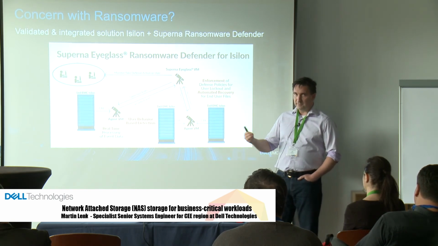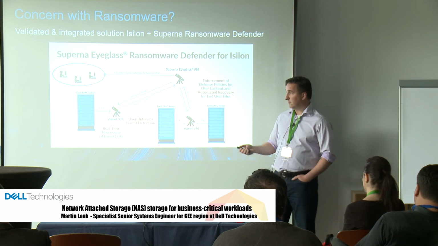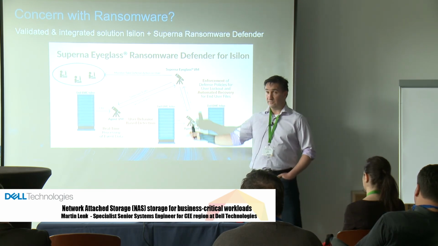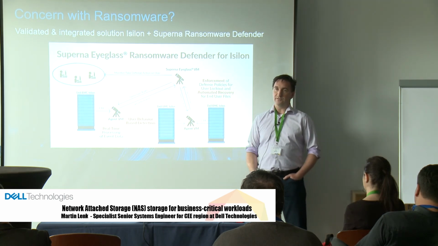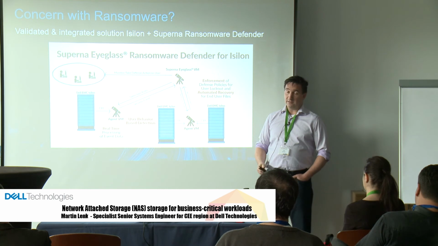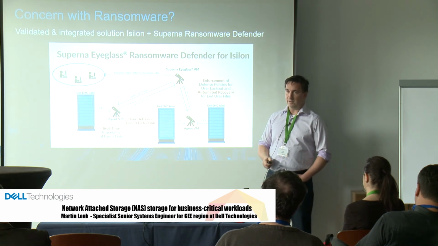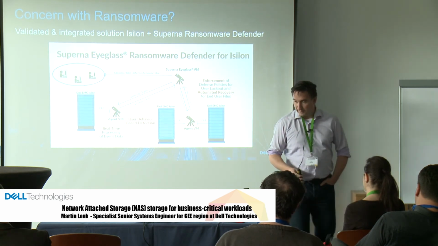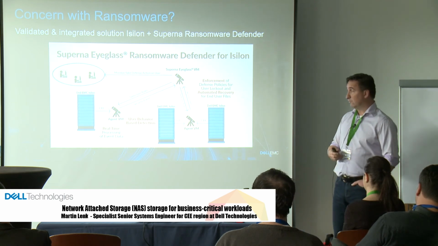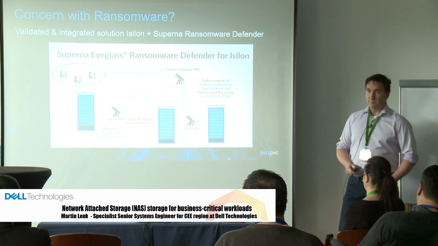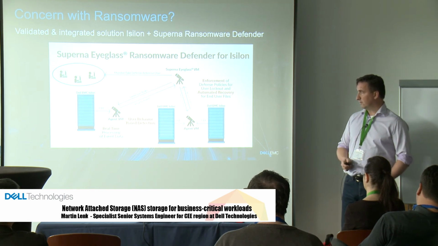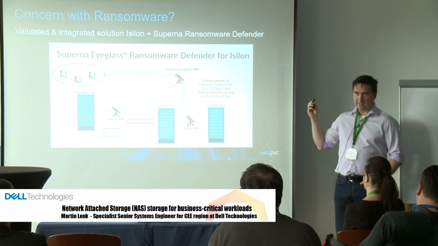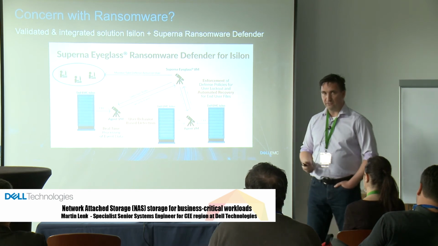If it detects behavior similar to ransomware, it again calls the API on ISILON, disconnects this user, logs this file, restores this file from snapshots, and you can very easily prevent your file system from being encrypted by ransomware. And you are informed, you can identify who did it, or at least which user started this storm. Our competitors typically don't pay attention to these topics.